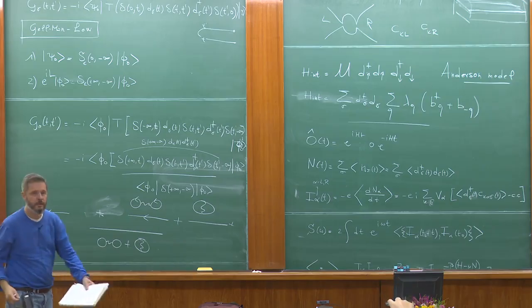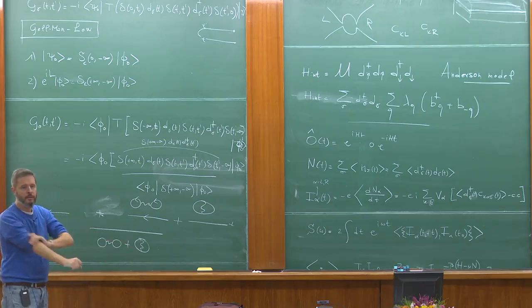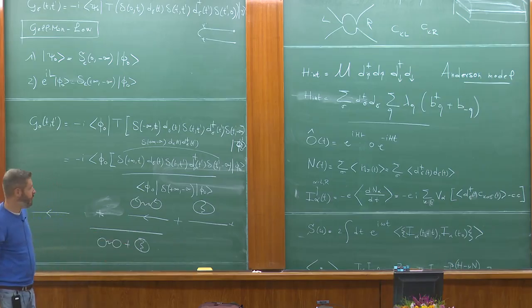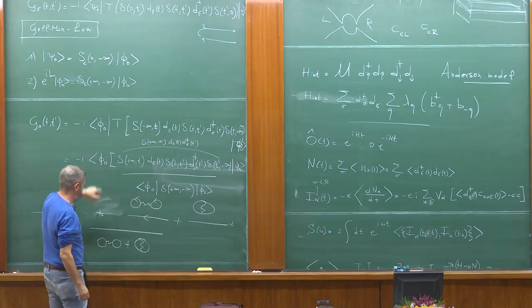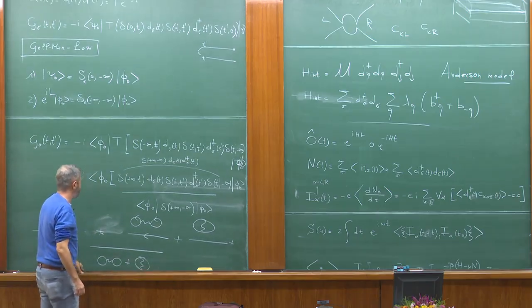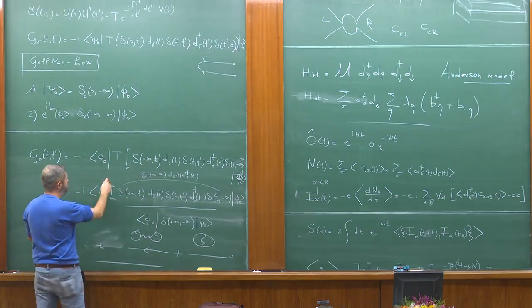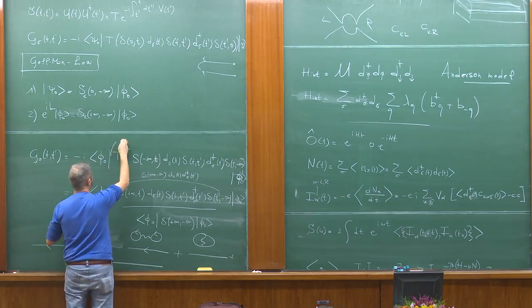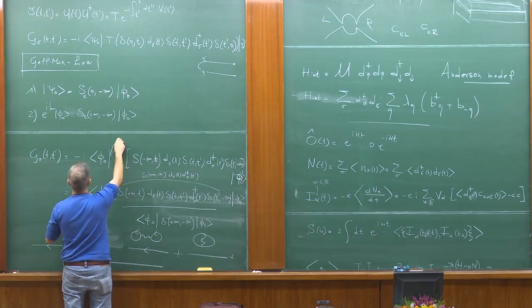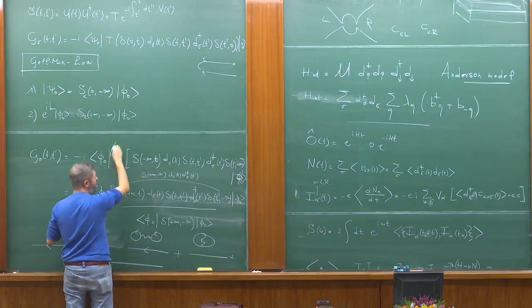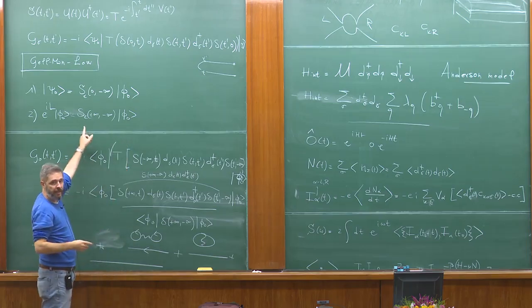Yes? Yeah. So what I did was, okay, maybe I went a bit too fast. What I did is I put in here, wait a second, I multiplied and divided by e to the iL.